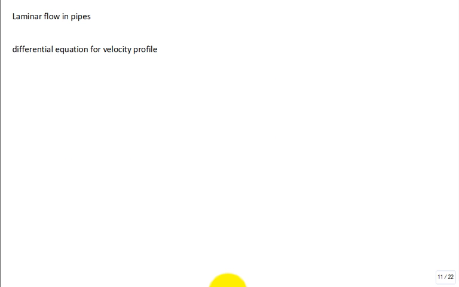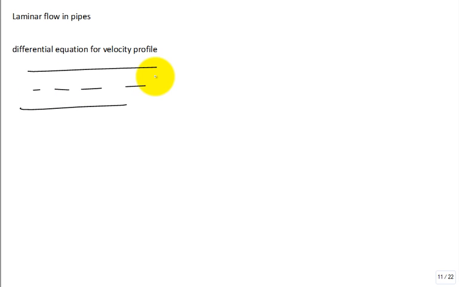We did this before, but I want to do it in detail, and it's to develop the differential equation for laminar flow in a pipe and then solve for the velocity profile. So bear with me here. We have pipe flow.